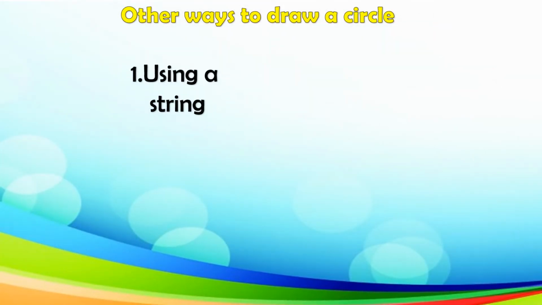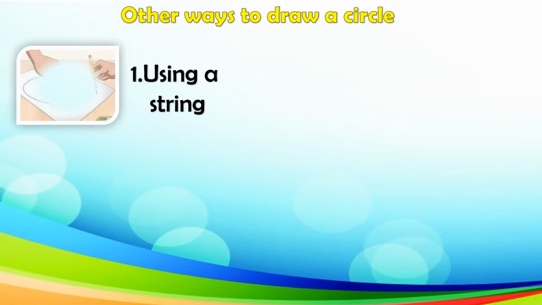Now, there are other ways to draw a circle. First, we have using a string. Maaari tayong gumamit ng string and then yung pencil sa kabilang dulo. Ang gagawin lang natin is hawakan lang natin yung string and then saka natin ipaikot yung pencil.